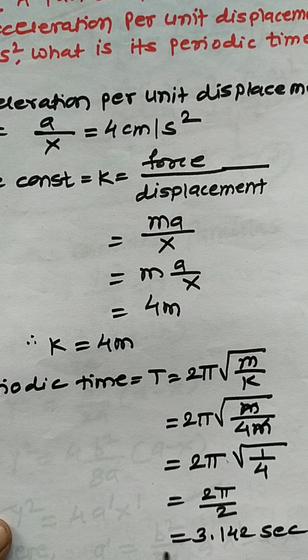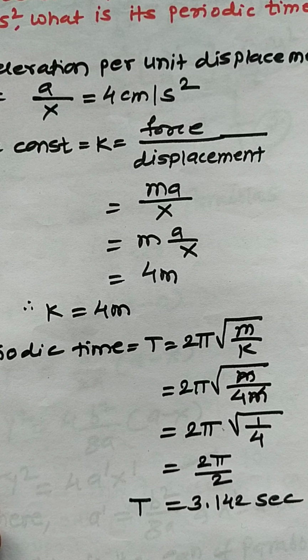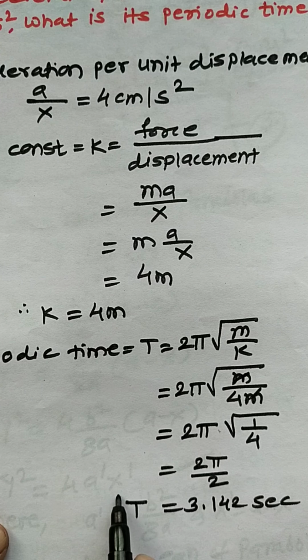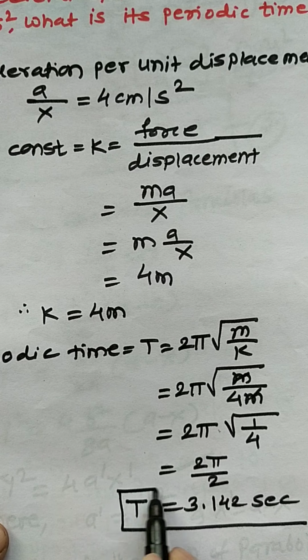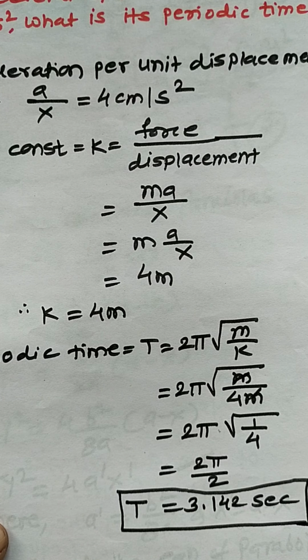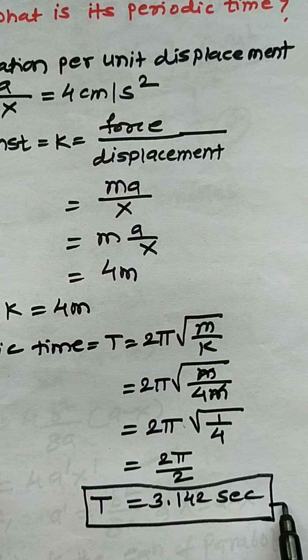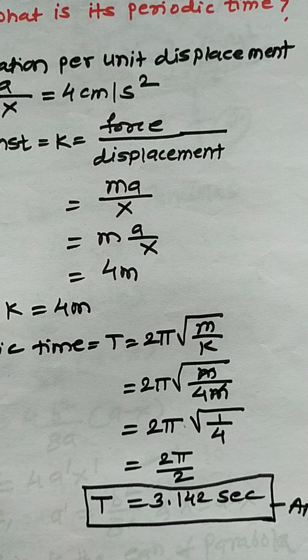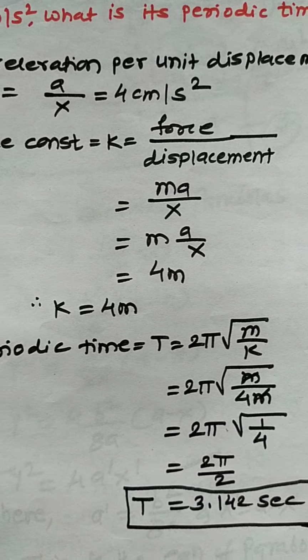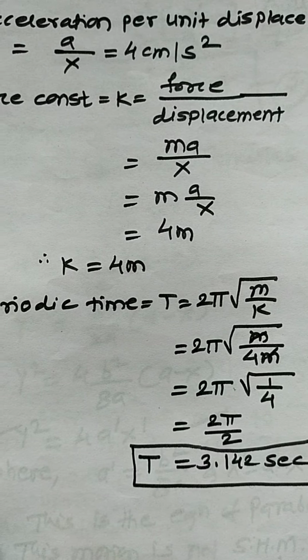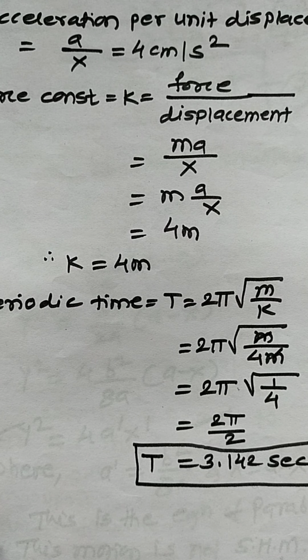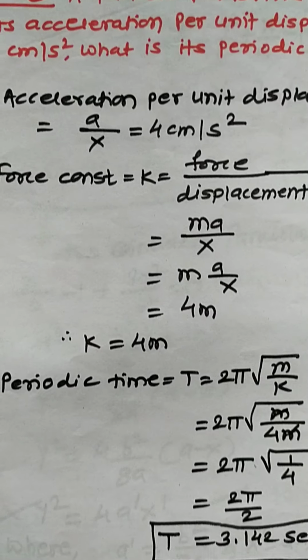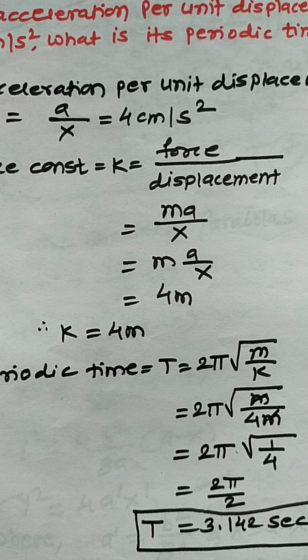So this is the value of T. What is its periodic time? Here we obtain T is equal to 3.142 second, which is the required answer. This is problem number one.